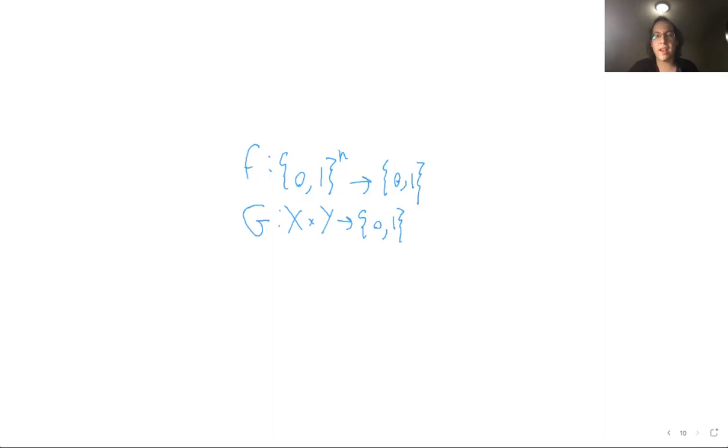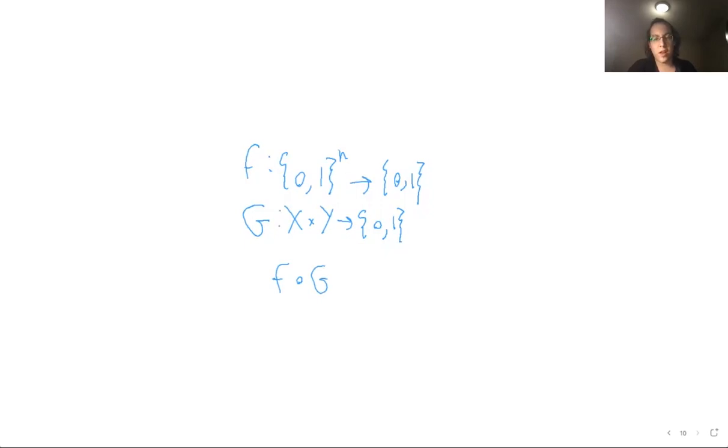So often X and Y here will be strings of size log n, for example, or constant size. So they'll be smaller than {0,1}^n. And then we will look at the function f composed with G. This is a communication function.